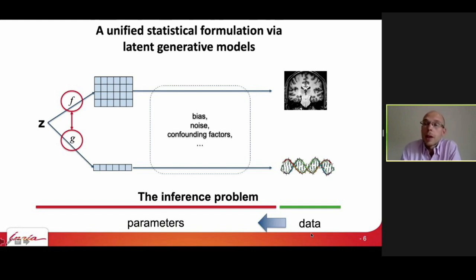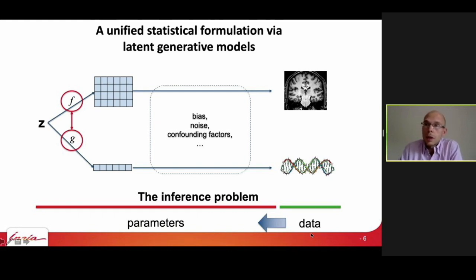So knowing f and g means that we know perfectly how these different data views vary together. Then we can make additional hypotheses on how the data can be corrupted, for example, by bias, noise, or further factors that can modulate our signal, to provide a complete description of the data.